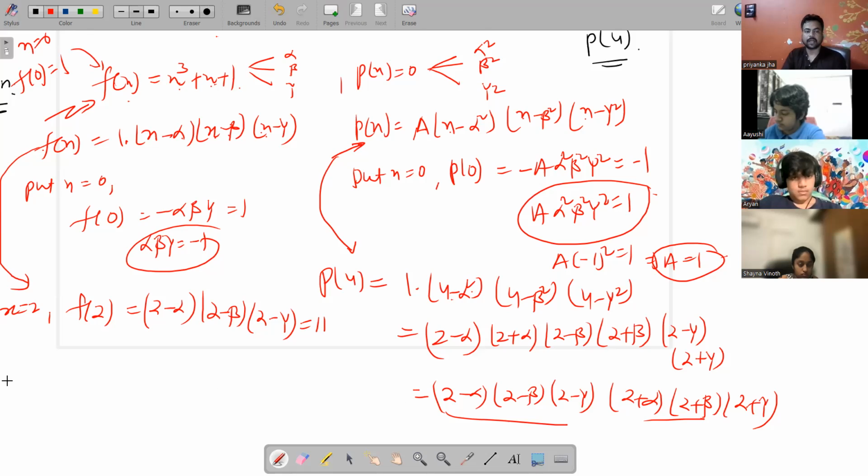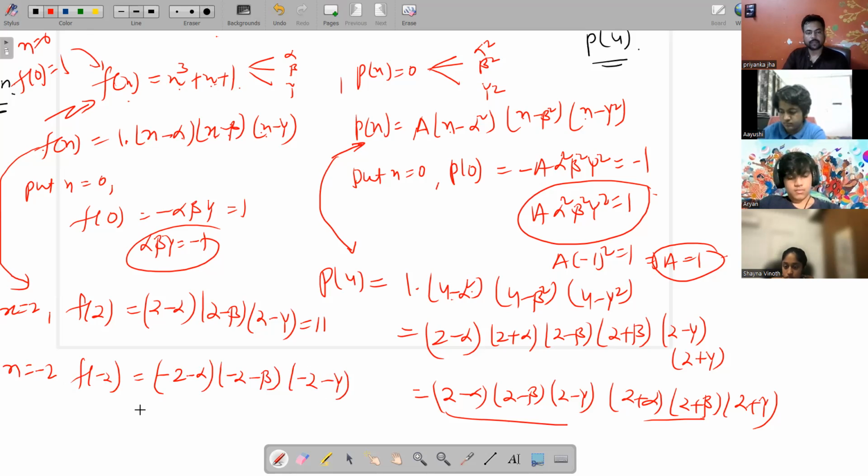To find 2 plus alpha, I'll put x equal to minus 2 here, f(-2). So this will be like minus 2 minus alpha, minus 2 minus beta, and minus 2 minus gamma. So take minus out, minus. This is 2 plus alpha into 2 plus beta into 2 plus gamma. How do you find f(-2)? In this function, you will put x equal to minus 2.